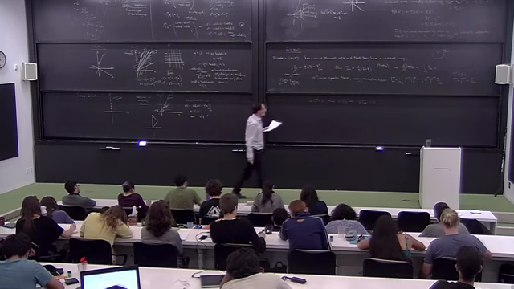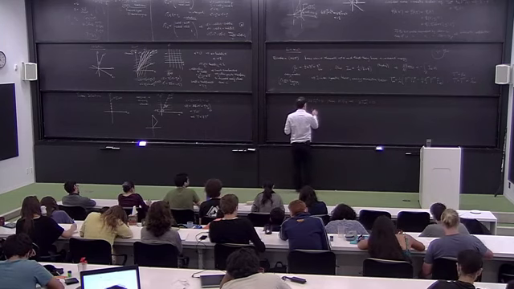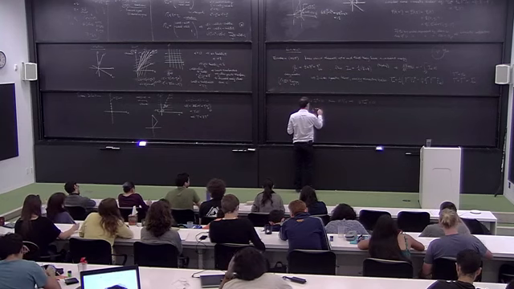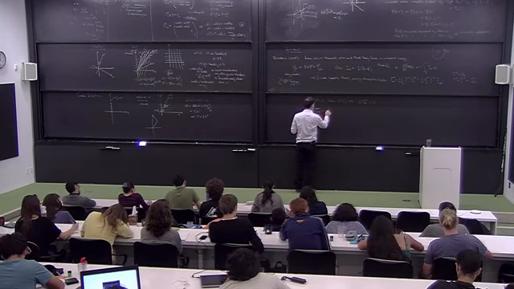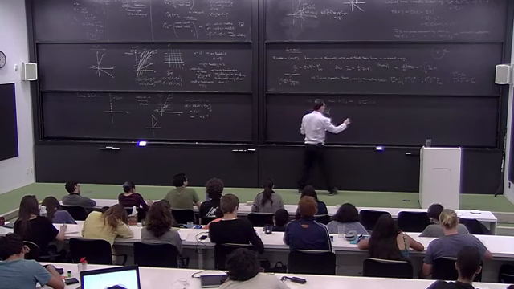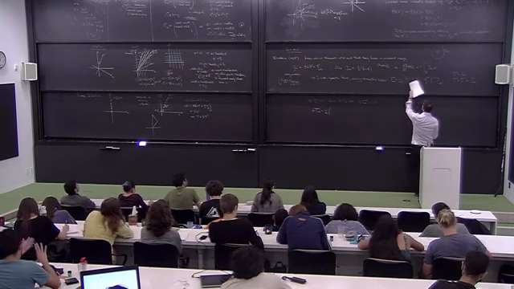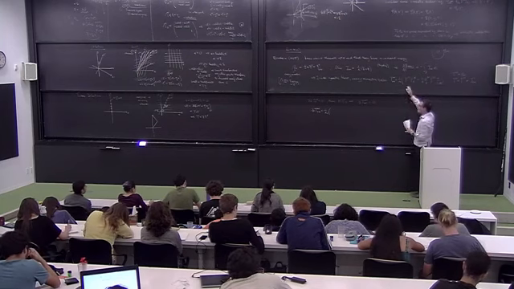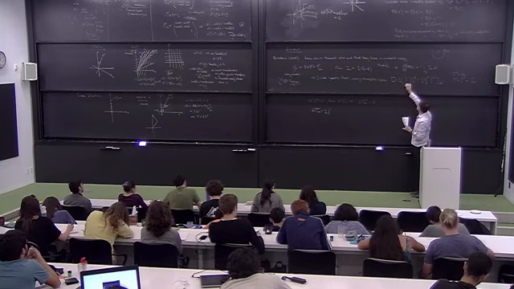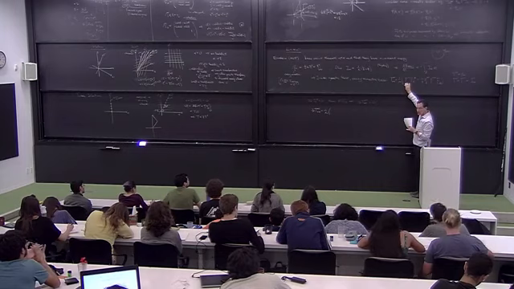Okay, so let's prove that. d mu T mu nu EM is 1 over mu naught. Now, I'm taking d mu of this expression. So d mu is a derivative. So first I'm going to differentiate this guy. What does that give me? What is d mu of F alpha mu?